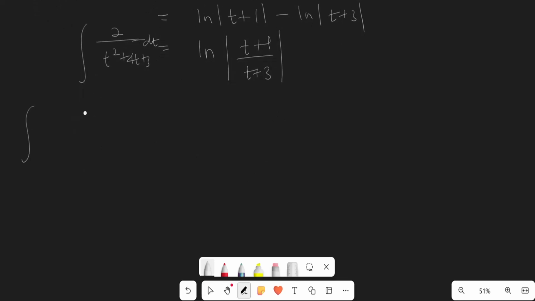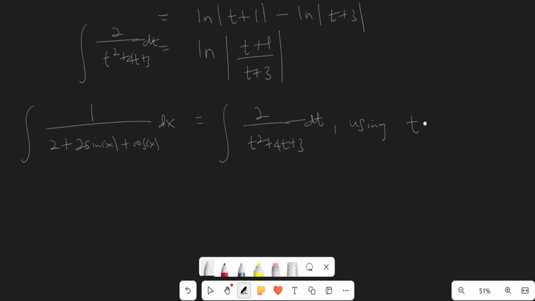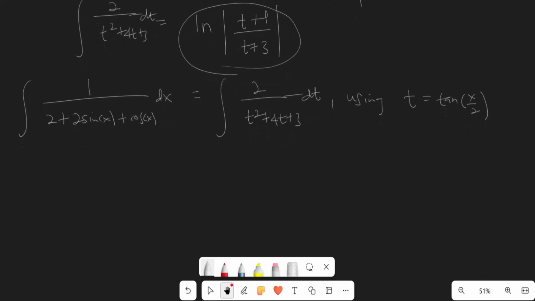So our integral, which was the integral of 1 all over 2 plus 2 sine x plus cosine of x dx, reduced to the integral of 2 over t squared plus 4t plus 3 dt, using the Weierstrass substitution, t equals tan of x over 2. So we just have to plug in t equals tan of x over 2 into this expression.